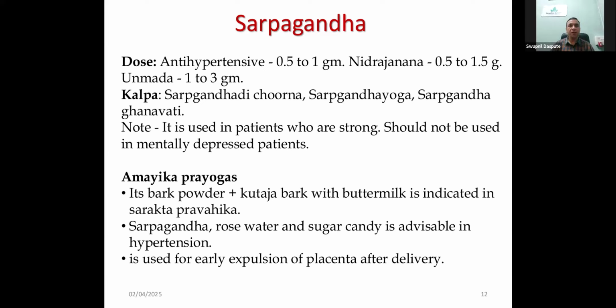And that is one thing. However, in that case, the people who are involved in that labor should be Ayurveda practitioners or have learned Ayurveda. That can also be when, suppose, the height of the patient is less and the size of the head is comparatively bigger of the fetus.